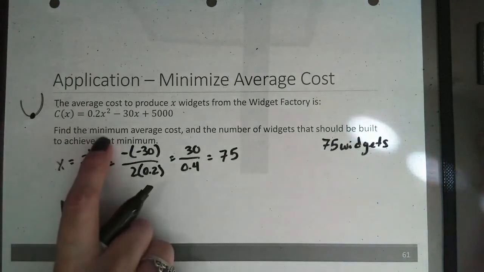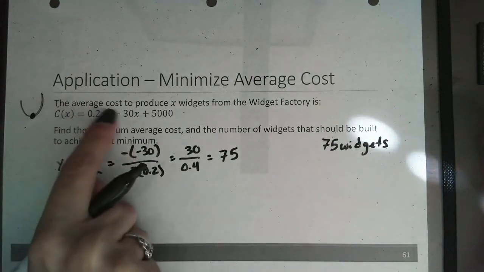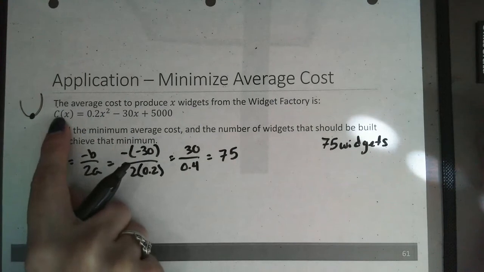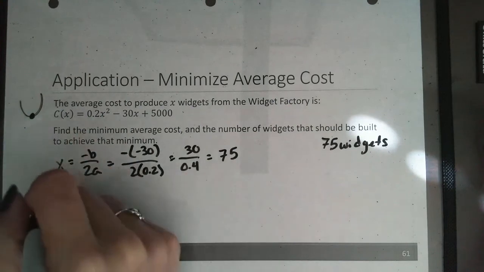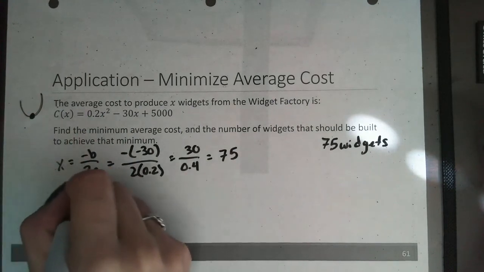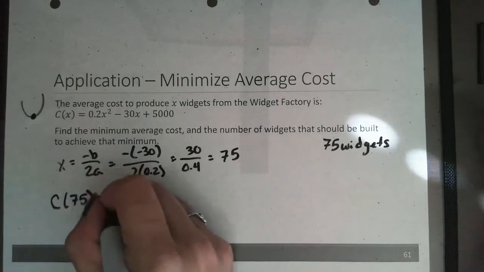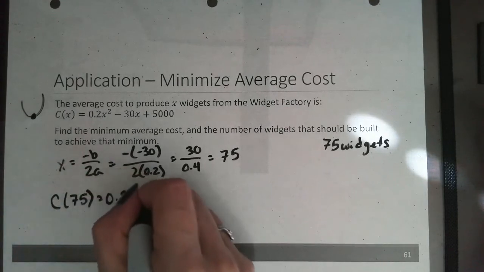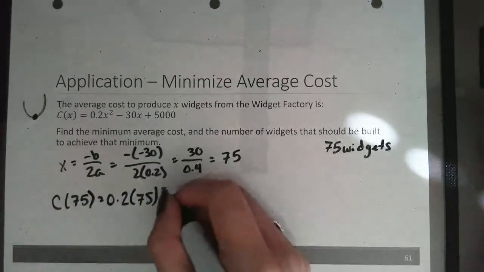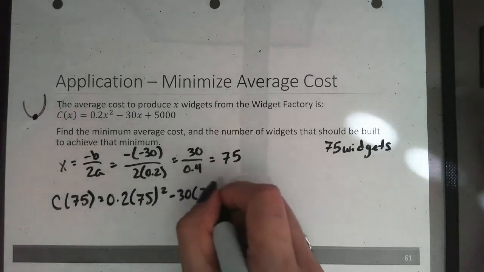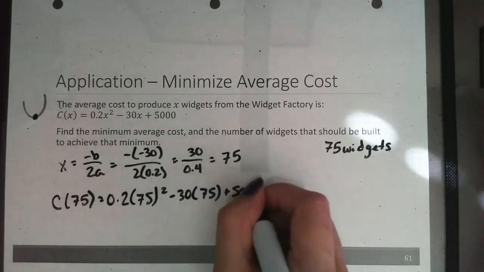But now we want to find the minimum average cost. Average cost is C of x, so I just need to plug in 75 for x. So the cost to make 75 widgets is equal to 0.2 times 75 squared minus 30 times 75 plus 5,000.